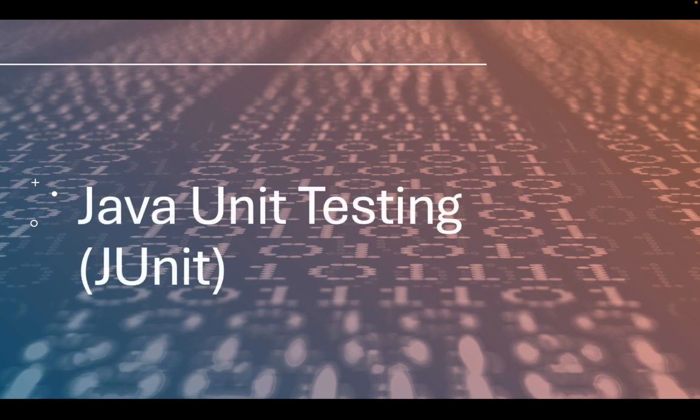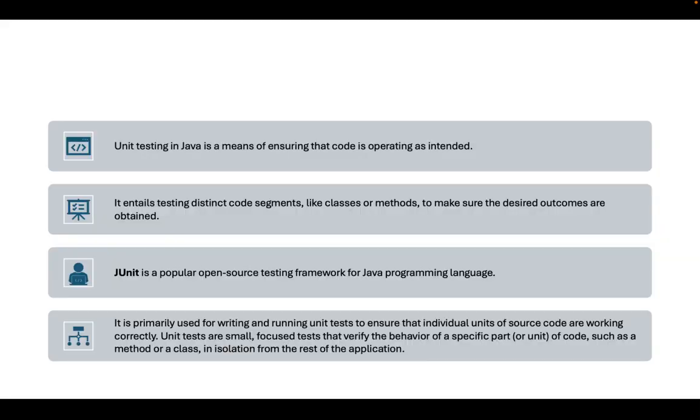So we're going to go over Java unit testing in JUnit. Unit testing in Java is a means of ensuring that code is operated as intended. It entails testing distinct code segments like classes or methods to make sure the desired outcomes are obtained.